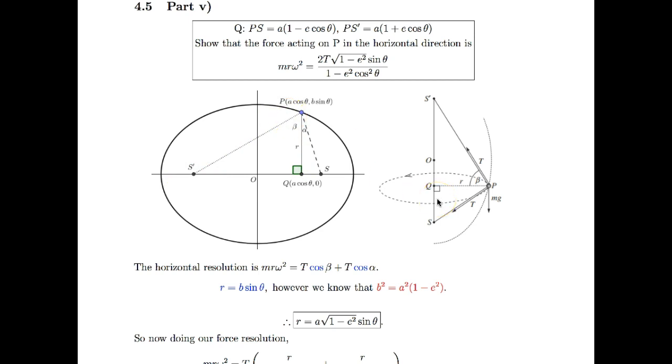We do know what PS dash is from over here, but we don't really know what r is. And if you look at what we're trying to prove, r does not actually appear at all. So that means somehow we must not use r.